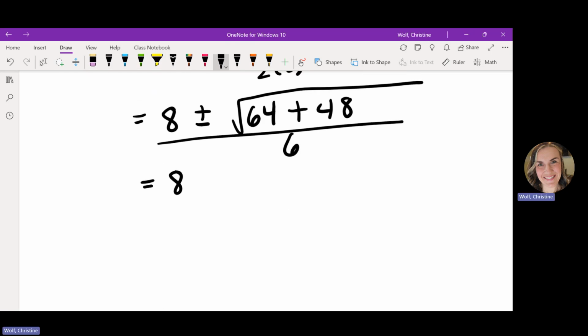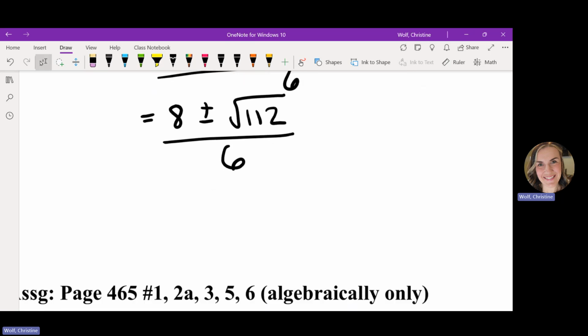Now I clean up. 64 plus 48 is 112. I get annoyed because that's not a perfect square. I would really hope it was a perfect square so I can square root it, but I can't. However, the good news is I will allow decimals, because technically we would be graphing these, and when we're graphing, I allow decimals.